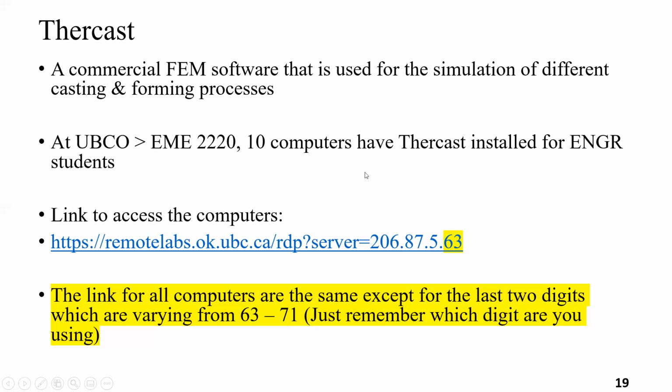So you click on this link, and then you change this number to, for example, 64, then you will connect to the third computer, or change it to 65, you will connect to the fourth computer, and so on.